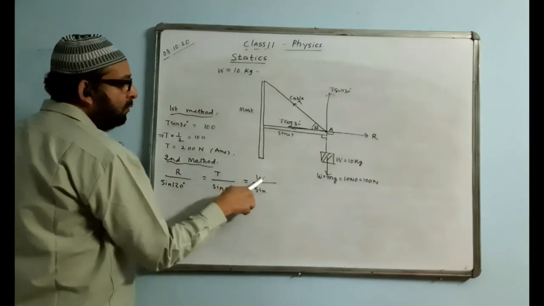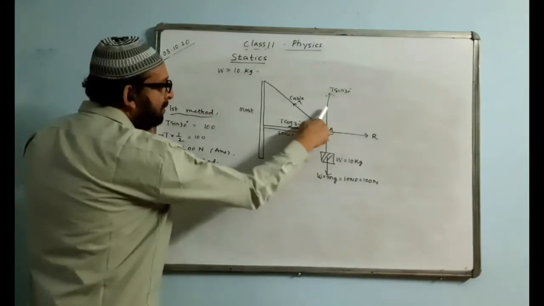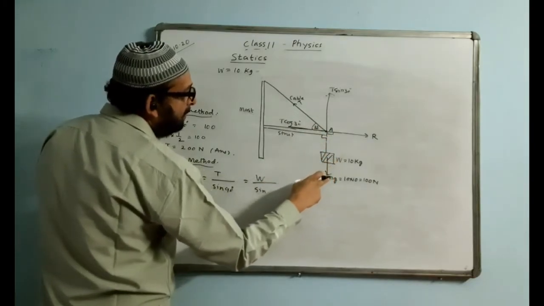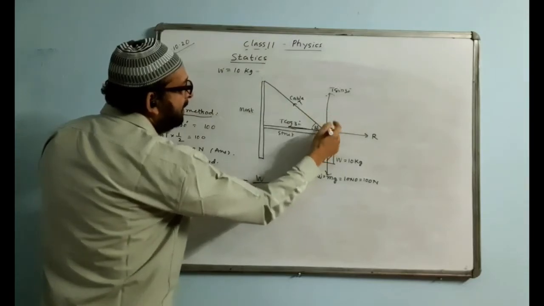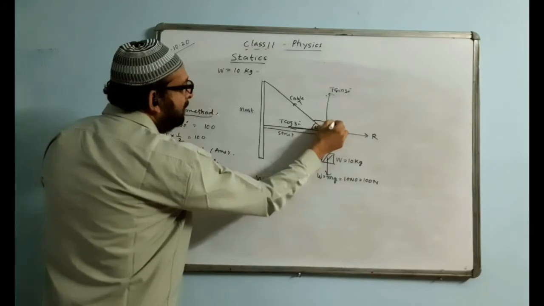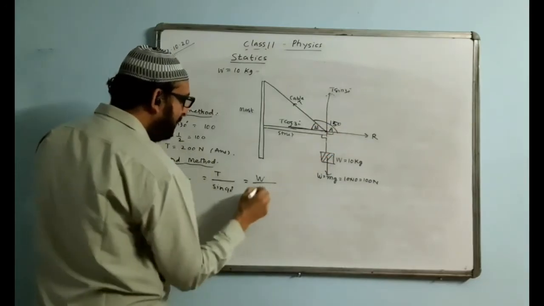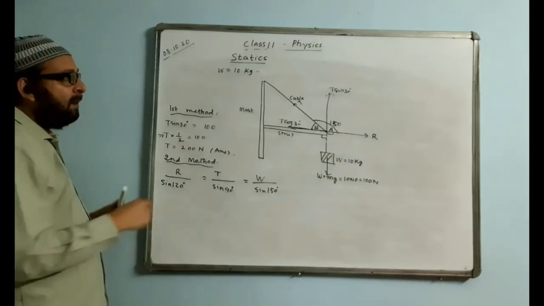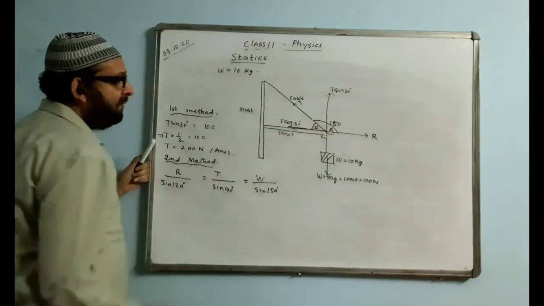When you take W, take the angle between the other two, between T and R. How much is the angle? This is 90 and this is 30, so the entire angle is 150. Here I write 150.